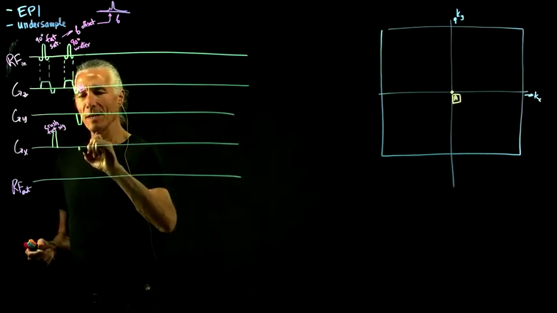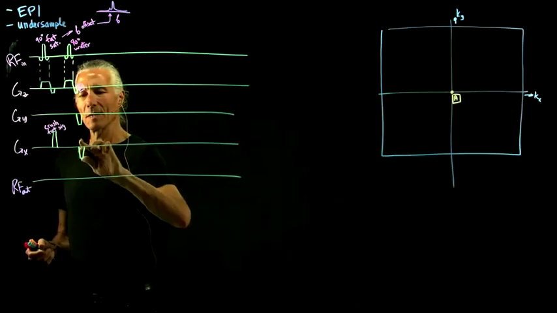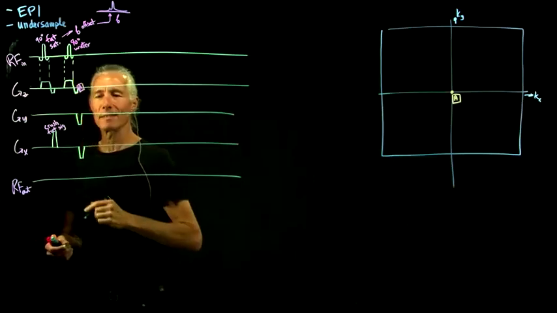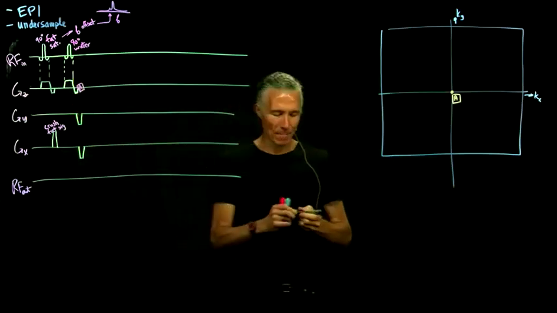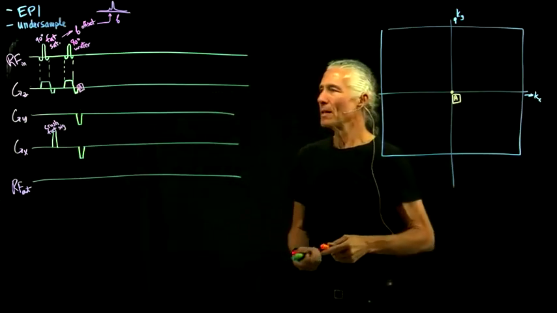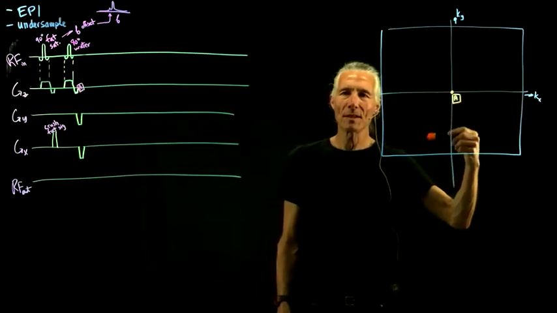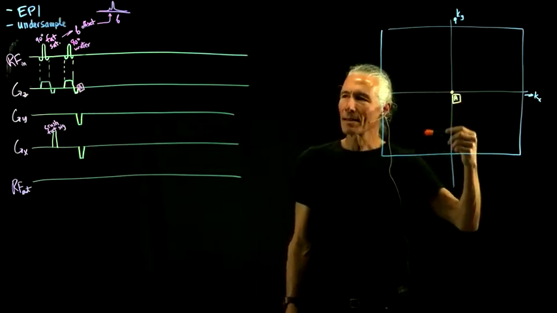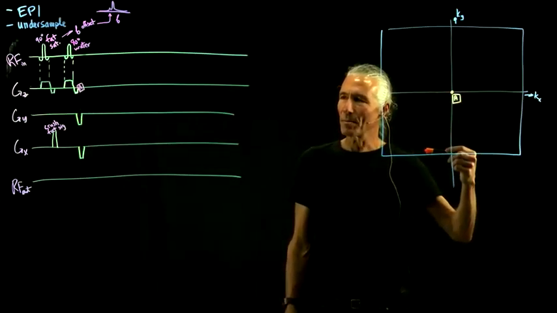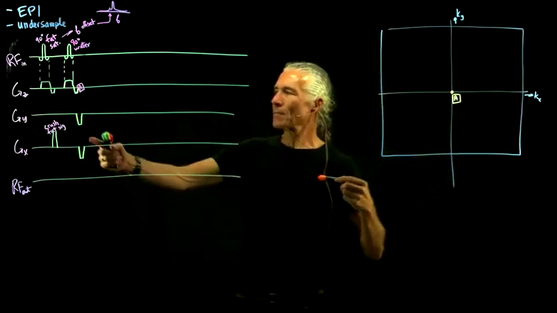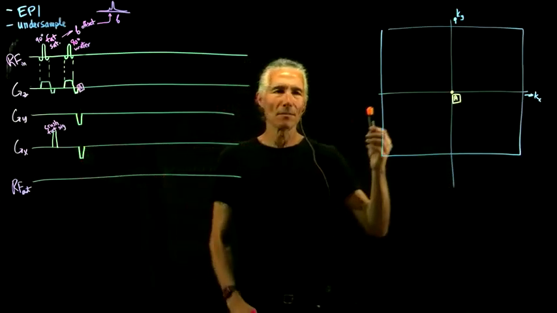And so how do we do that? We turn on both gradients, the X and Y gradients, at the same time. The Y gradient, if you turn it on negatively, is going to wrap up horizontal spin phase stripes. And the X gradient is going to wrap up vertical.